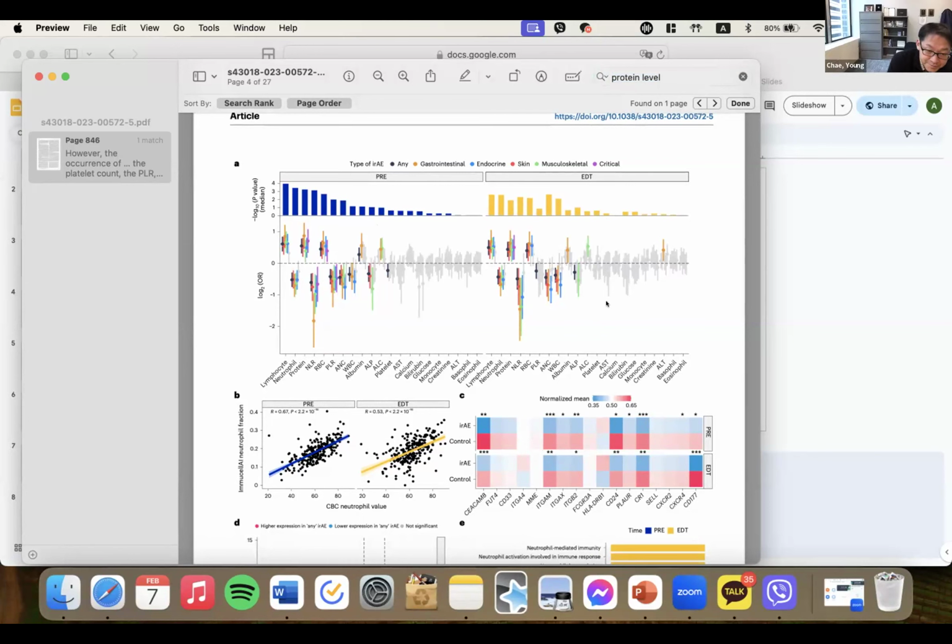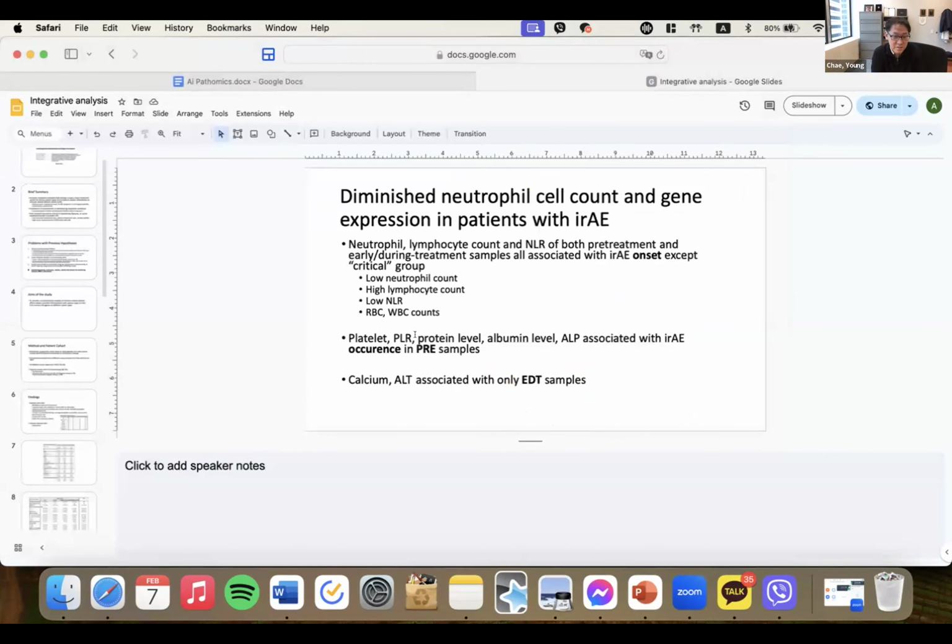Yeah, PLR and NLR are in the same direction, so that's why I asked. Platelet is immune suppressive. If you have thrombocytosis, you die sooner. There's an NEJM paper. Okay. All of our cases also have low platelets.